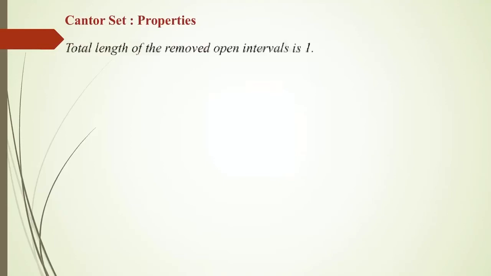Now the next property: we are constructing the Cantor set by successively removing open middle thirds, so the total length of the removed open intervals is equal to 1. In the first stage, when we construct F1, we remove the open interval (1/3, 2/3), which has length 1/3.